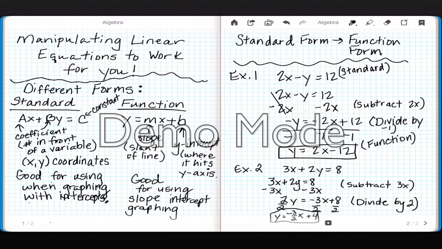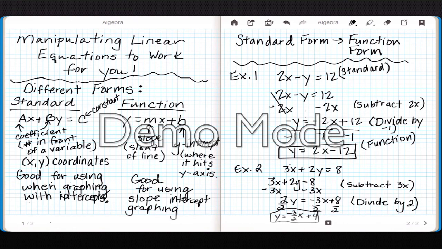So I'm going to divide out my 2 from the negative 3x, and also the positive 8. So the equation that I'm left with is y equals negative 3/2 x plus 4. The reason I have to leave this as a fraction with the 2 down there is 2 doesn't go into negative 3 evenly. So I'm just going to leave it as an improper fraction. But 8 can be divided by 2 evenly. So that's why I divided it and got a whole number, which is 4.